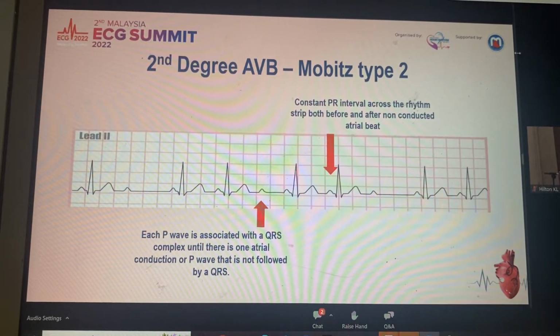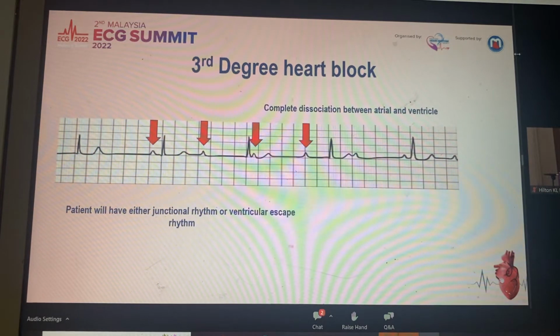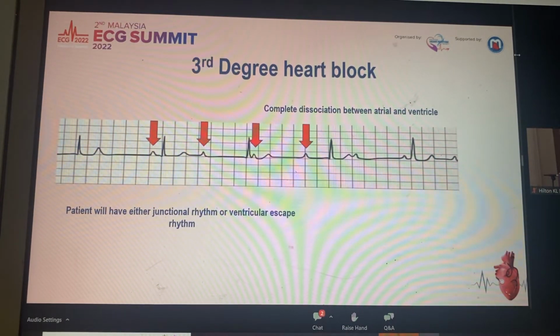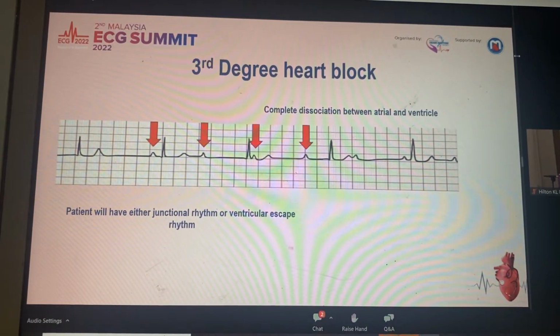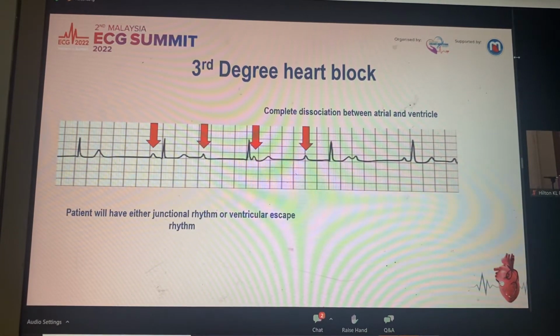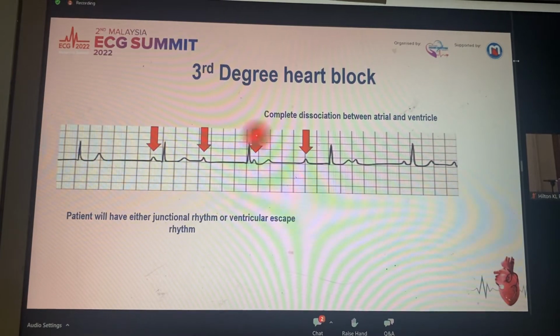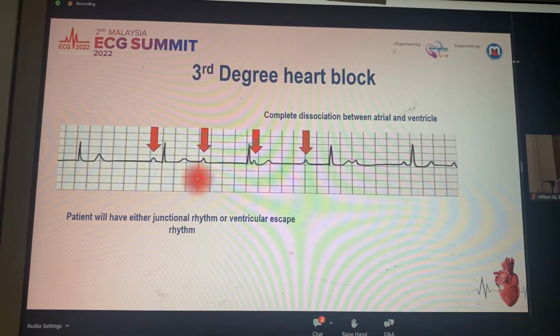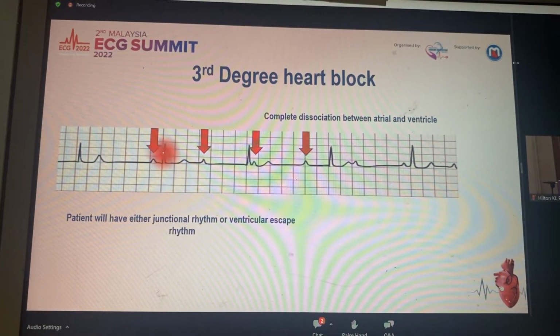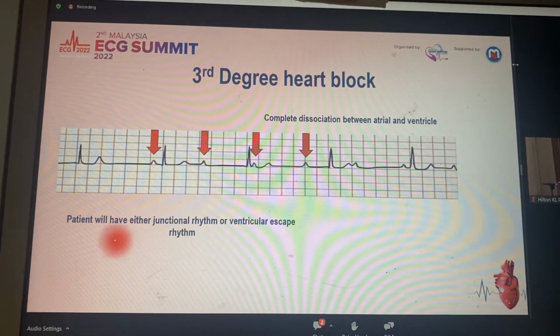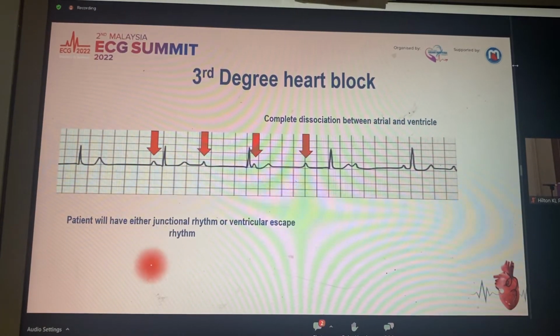And the third one is third degree heart block. Here you can see that the atria and the ventricles are totally dissociated. The P wave is everywhere. They do not talk to each other, and the QRS complex depends on where the escape occurs. If the escape occurs at the junctional level, we get a narrow QRS complex.